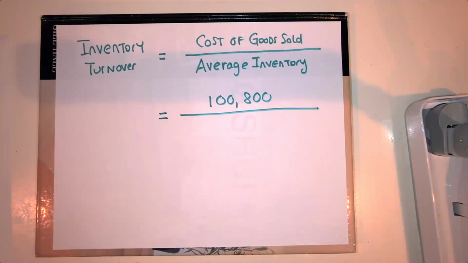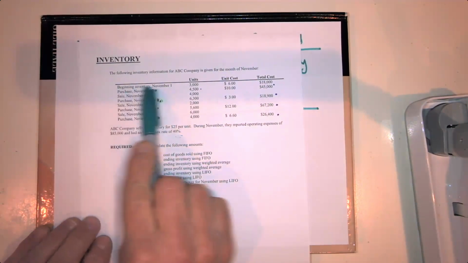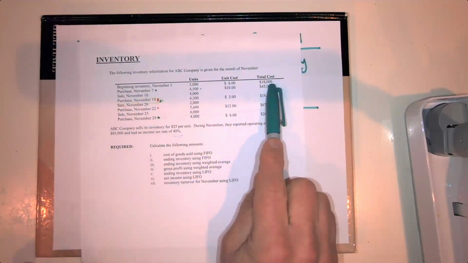And we saw last week, right, when we did the accounts receivable turnover, that anytime you have an average, that is calculated as your beginning plus ending divided by 2. Now, please look at our problem for a minute. You guys see the beginning inventory? Cost of $18,000.